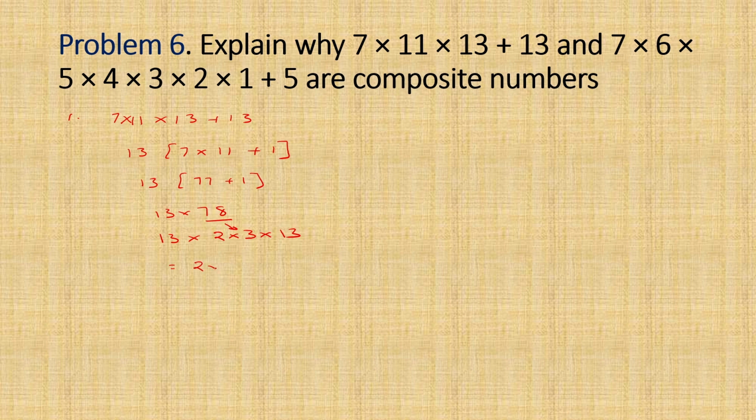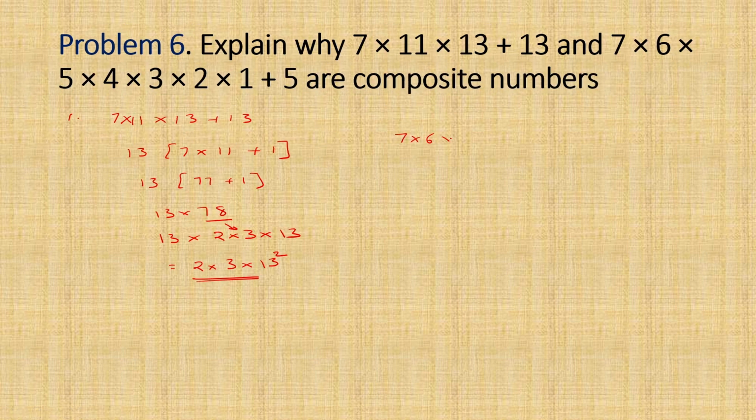So here we got 2 into 3 into 13 square. So the first one gives the prime factorization 2 into 3 into 13 square, so it can be called a composite number. Next one, you see.